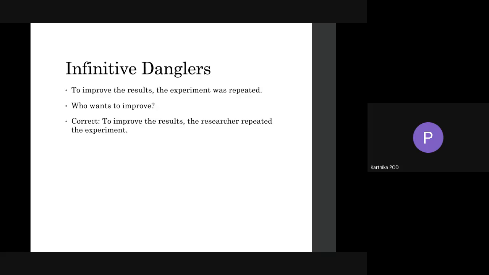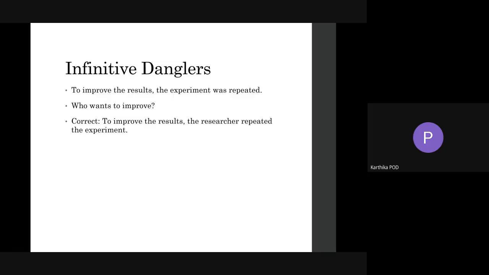To improve the results, the experiment was repeated. Question is, who wants to improve the results? So, to improve the results, the researcher repeated the experiment. But the reason I said this is advanced grammar is, when you look at this sentence, you may feel like there's nothing wrong.